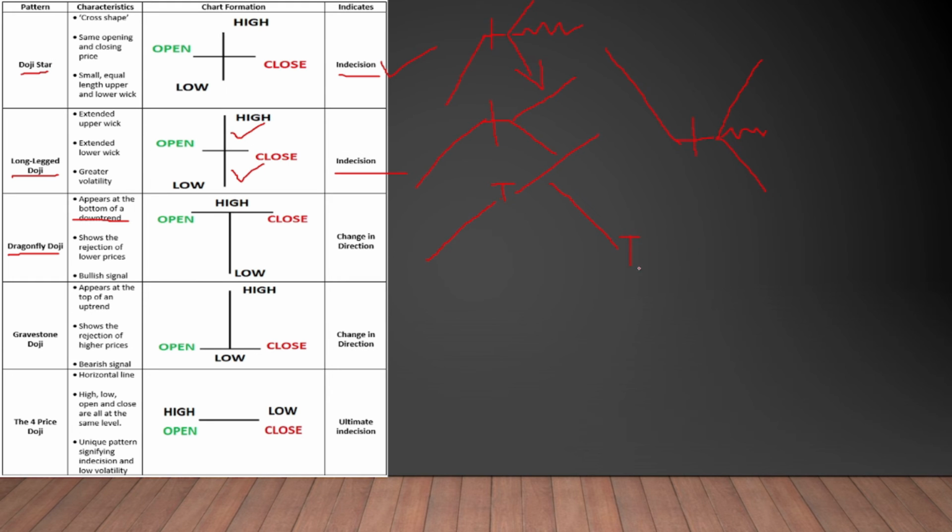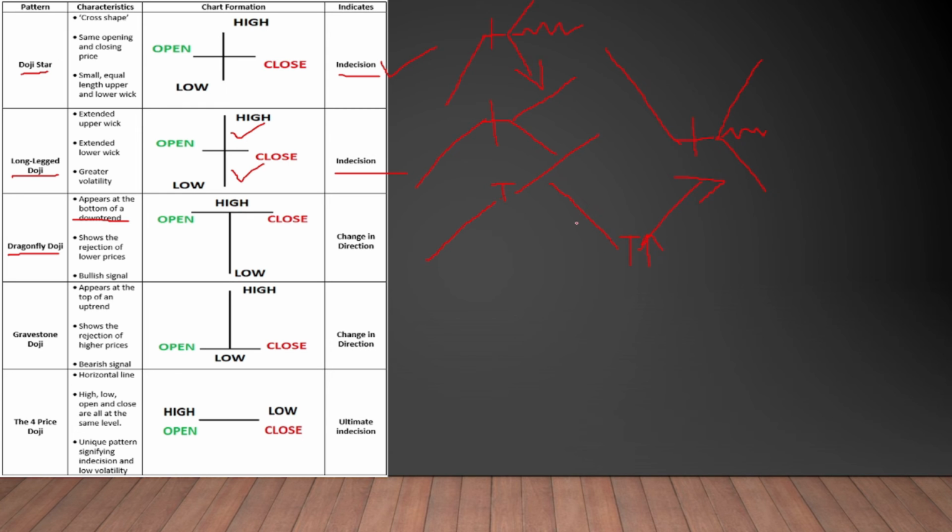This indicates that bulls have strongly entered the market, taken full control, and tried to push the market to higher levels. It clearly indicates that there is going to be a reversal in the trend, right?